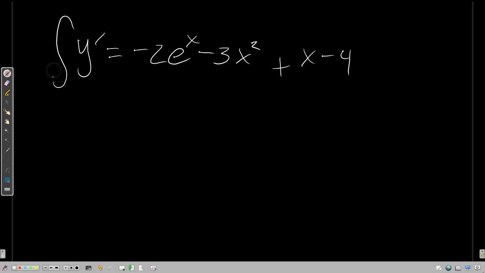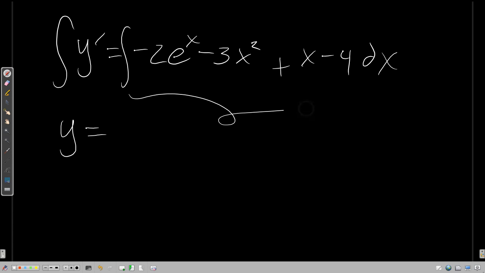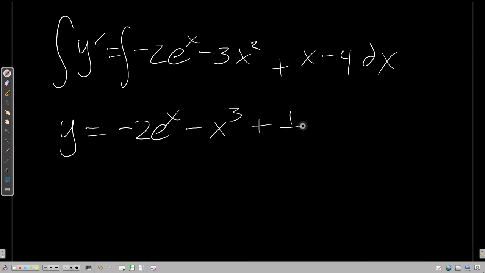So if I were to just integrate both sides, then I would have the function y. So y is equal to this antiderivative. So minus 2 e to the x minus 3 over 3 x cubed plus 1/2 x squared minus 4x plus c.